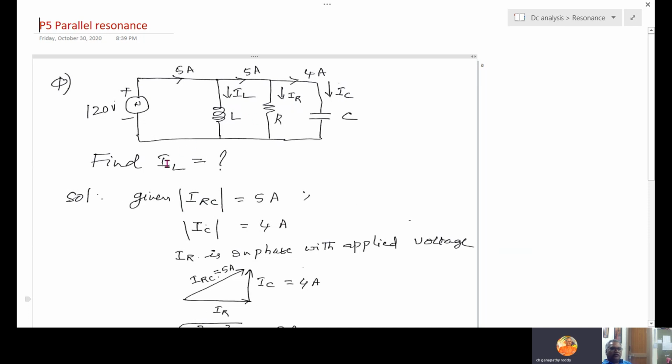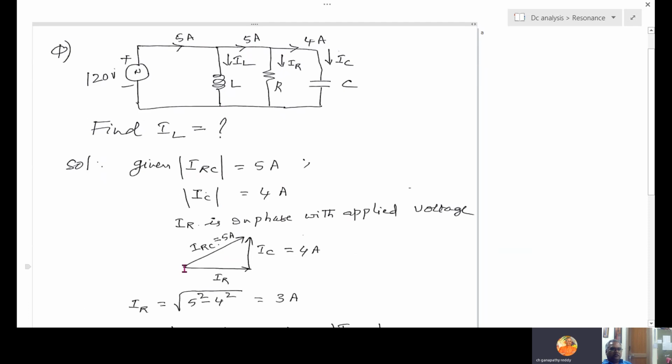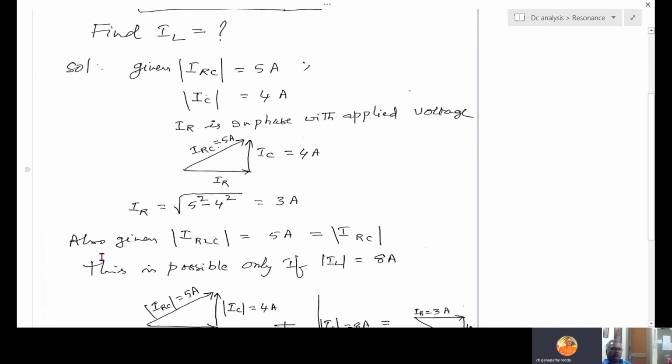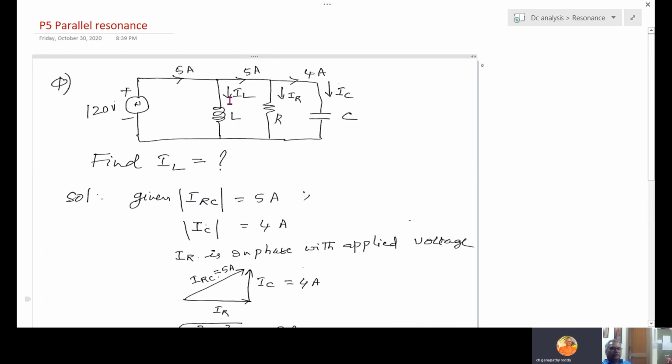Next, find IL. It is asking to find IL. So IR plus IC is 5, IR equal to 3 over. Also the total current IRLC is given as 5 amps. So this current is also given as 5. This current is the critical concept. It is not so easy to understand.